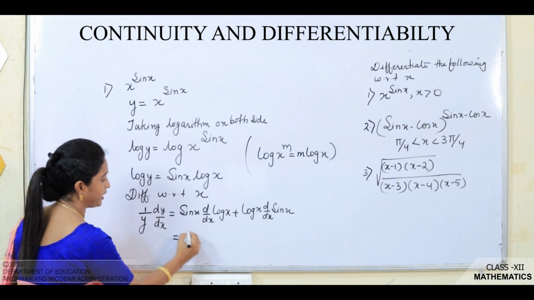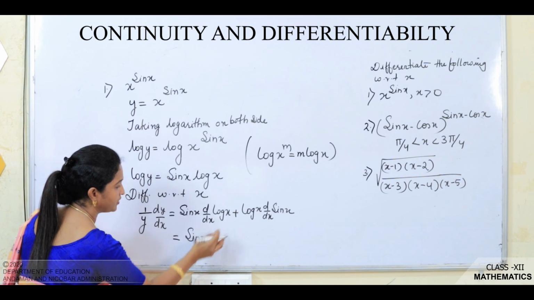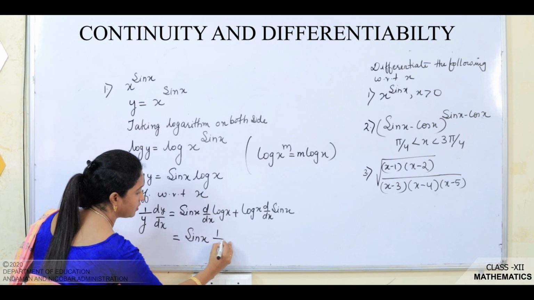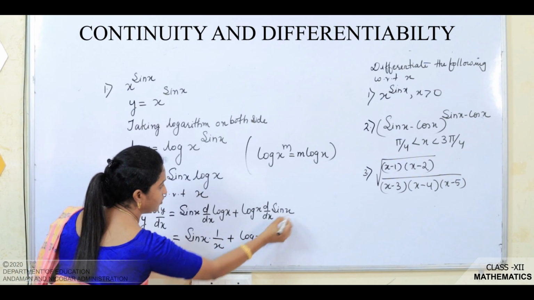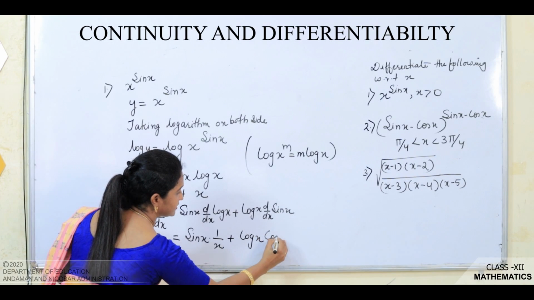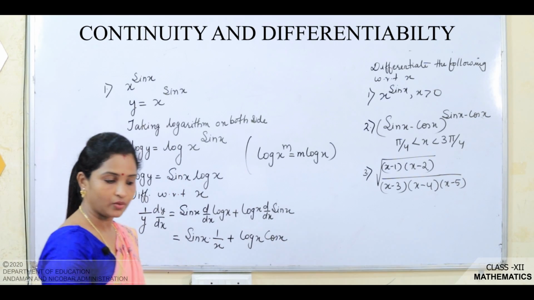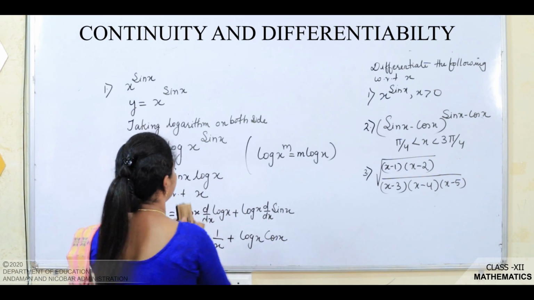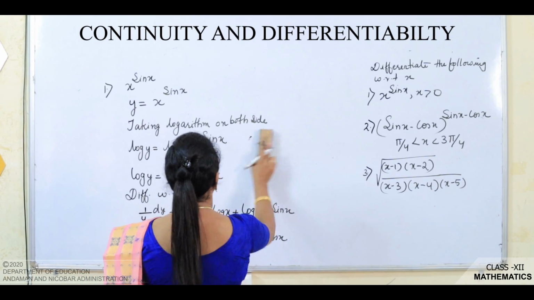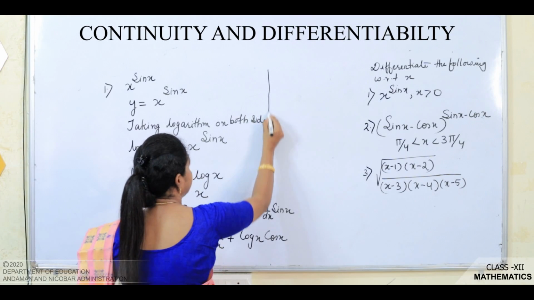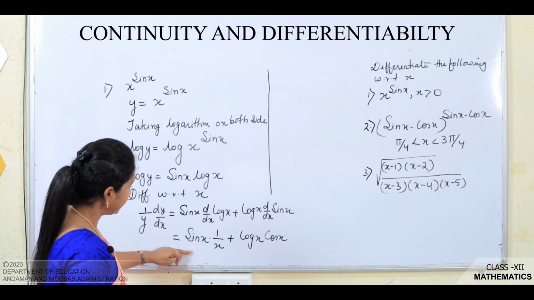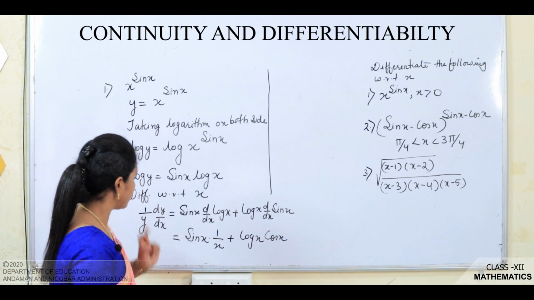So the differentiation of log x is 1 by x, plus log x, the differentiation of sin x is cos x. Okay. Now, after that, sin x by x plus log x cos x.